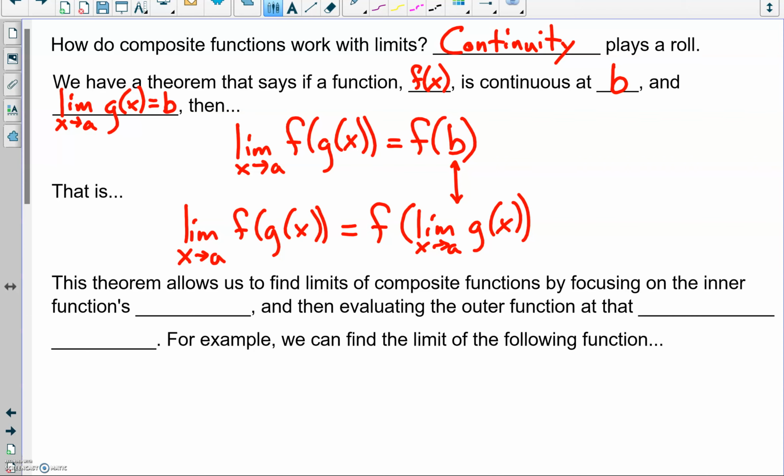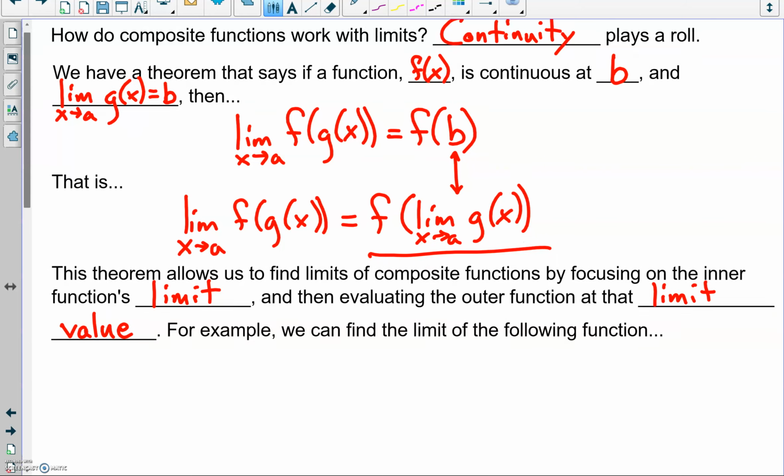And the right-hand side, the last thing I wrote, is what is going to be useful in practice. You're going to be able to focus on the inner function limit and then evaluate the outer function at that limit value. So that's really the big takeaway from this theorem.